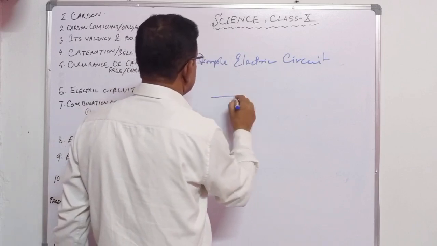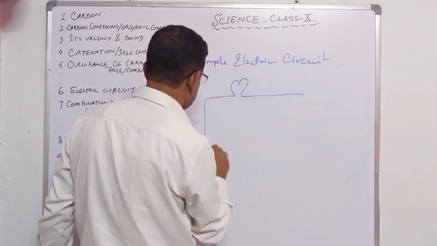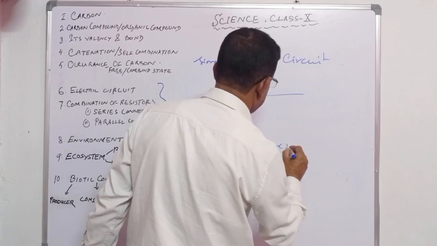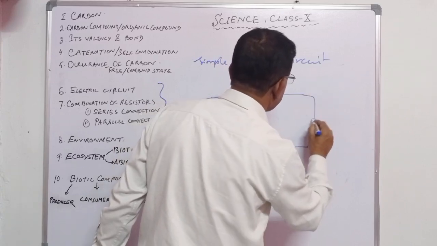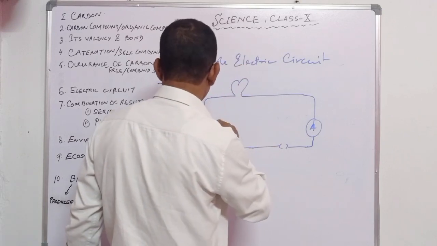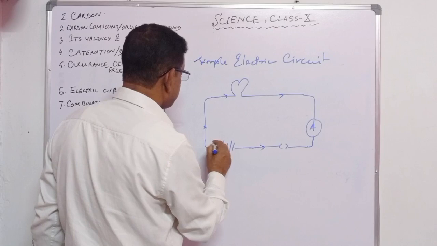So this is the diagram of a simple electric circuit.